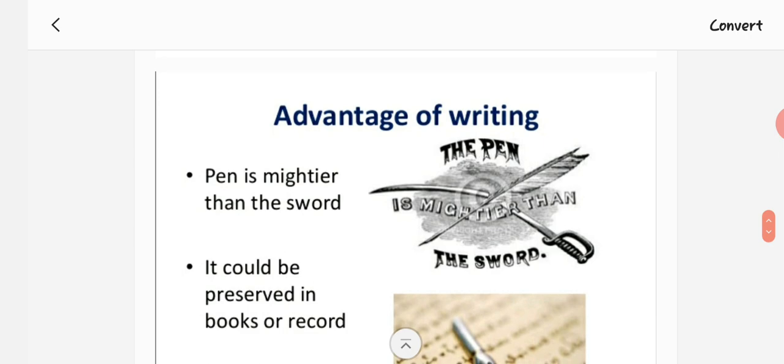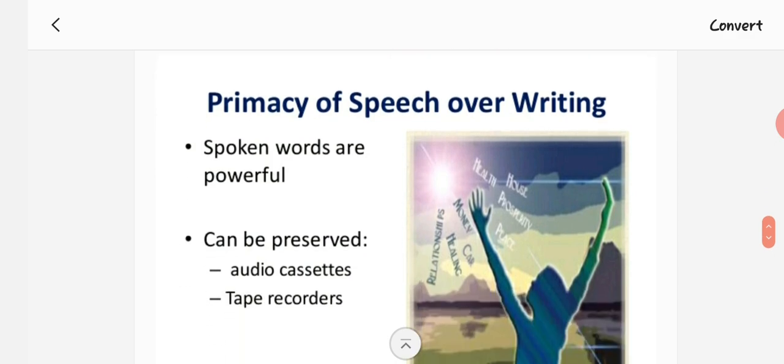If we talk about the advantages of writing, the very first advantage is that the pen is mightier than the sword. The things which we can describe in words on the page are far more effective than the things we use in common day-to-day life. It can be preserved in books or records as well.